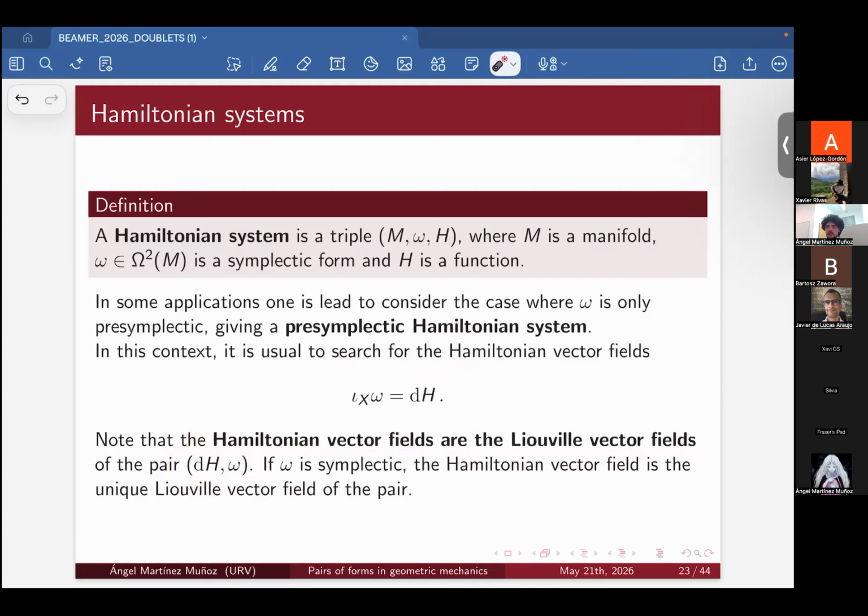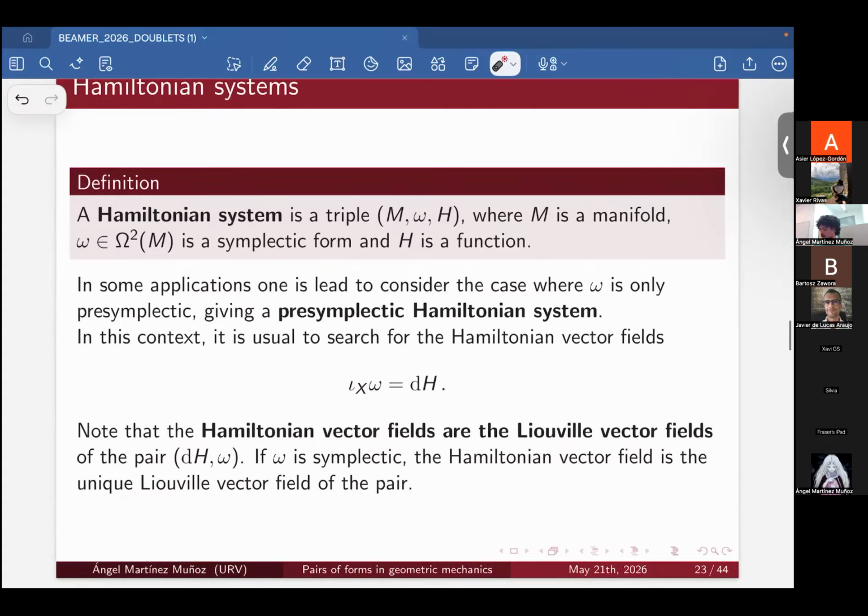So this is telling you, well, the Reeb and Liouville vector fields are not just vector fields related to the pair, but they can also be vector fields which have dynamical significance. Well, we already knew this because if you think about contact forms, then you have that also. The Reeb vector fields are important also dynamically, but here it's also very clear.